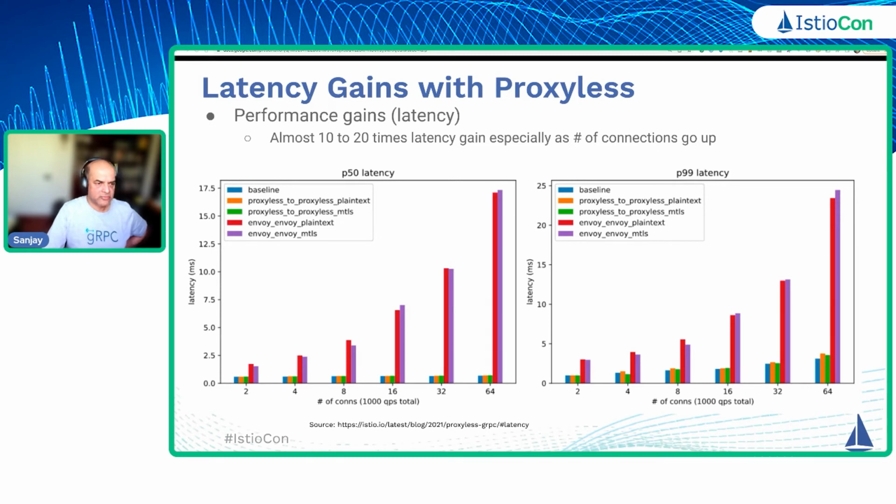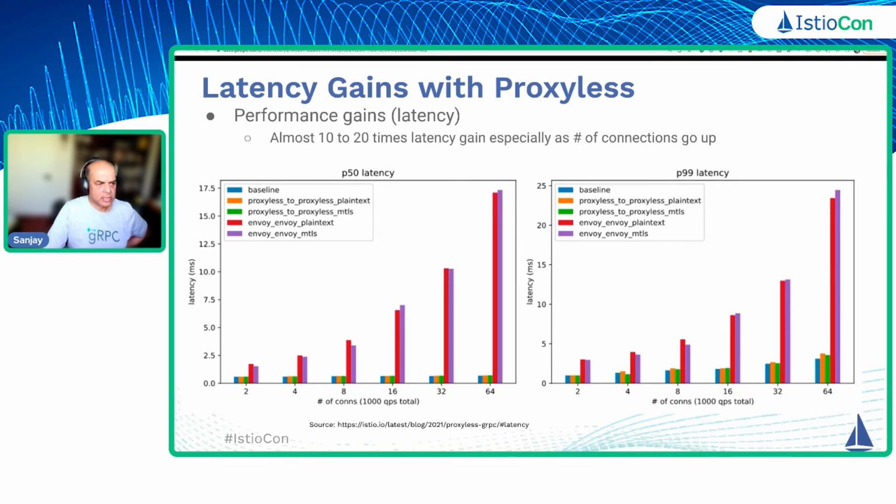Then we also have the sidecar container for the Istio agent and Envoy proxy, which has one vCPU and 512 megabyte memory allocated to it. The experiment included testing with and without mTLS enabled and with and without the Envoy proxy.